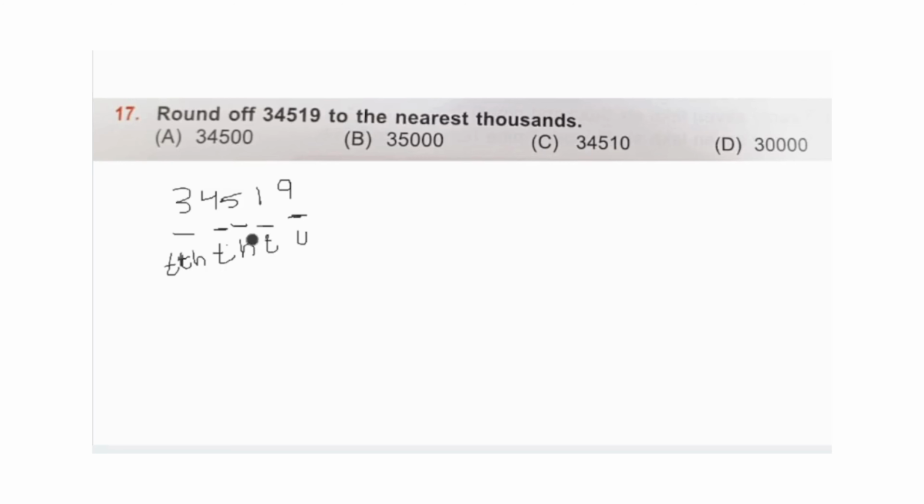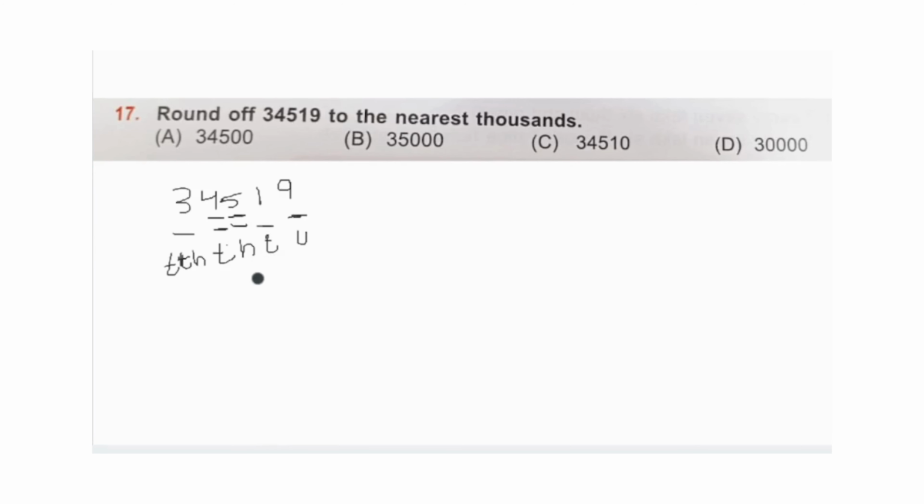So as you can see, the question says to round off to the nearest 1000. So the face value of the number at the thousands place is 4. Okay, let's look at the value of the number at the hundreds position, which is 5.